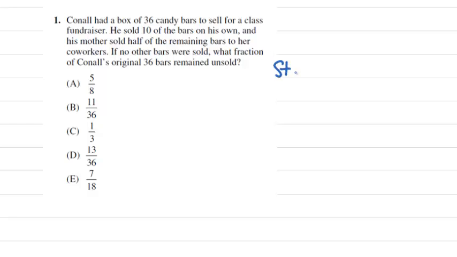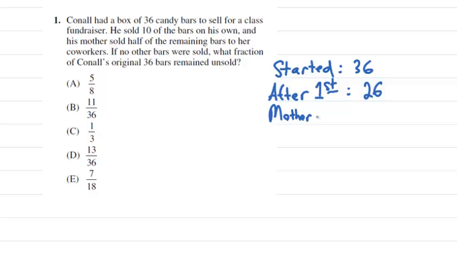So he started with 36. After his first sale, he had sold 10 candy bars, so he was left with 26. His mother sold half of those to her co-workers.